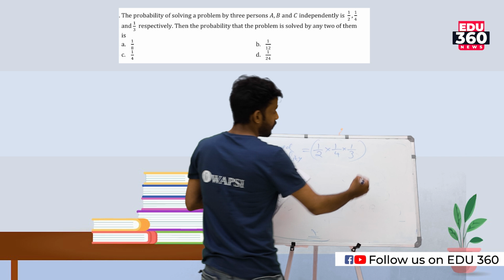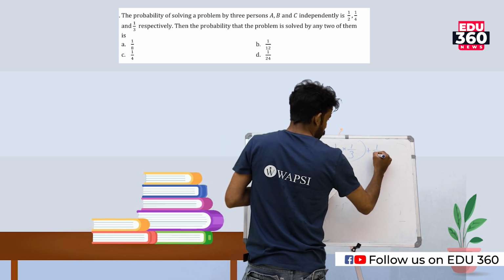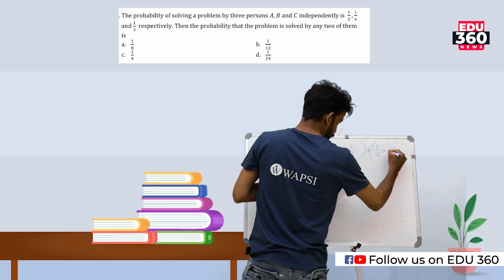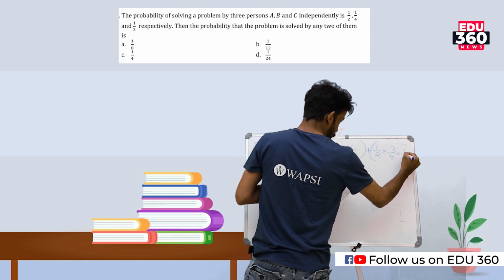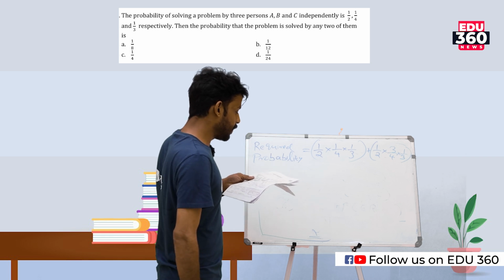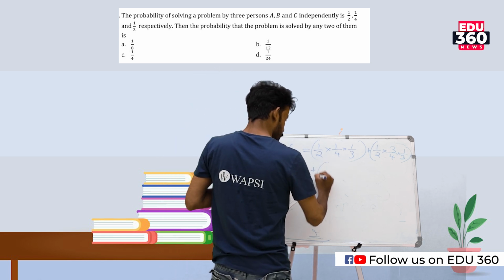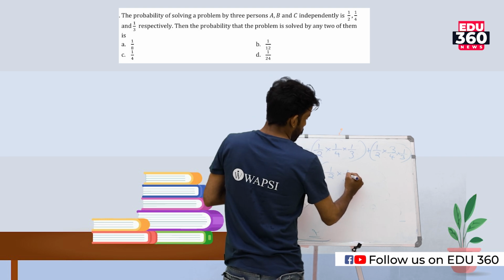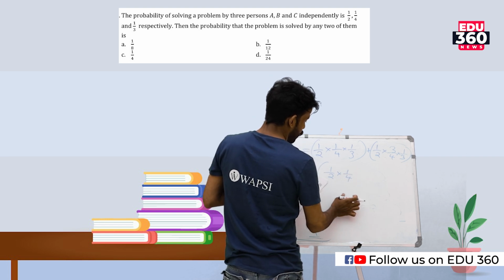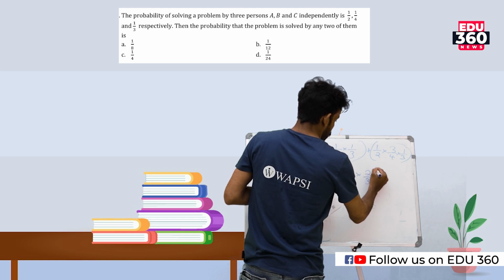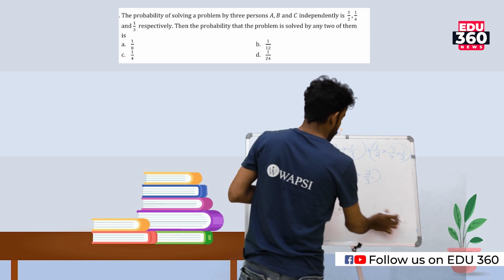Plus the next one is 1 by 2 into 3 by 4 into 1 by 3 into 1 by 3 plus 1 by 2 into 1 by 4 into 2 by 3 into 2 by 3.